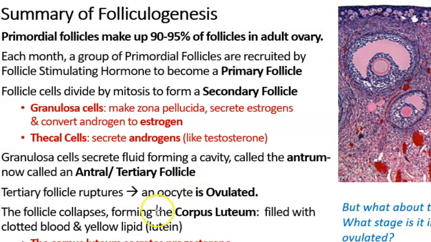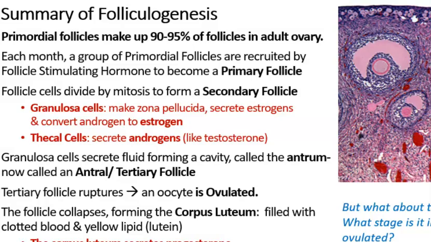But the cells are alive and they secrete progesterone, which is going to affect the uterus. The corpus luteum eventually degenerates, we say involutes, shrinks, to scar tissue, and then it becomes a corpus albicans. So that's what's happening with all the follicles in the ovary.